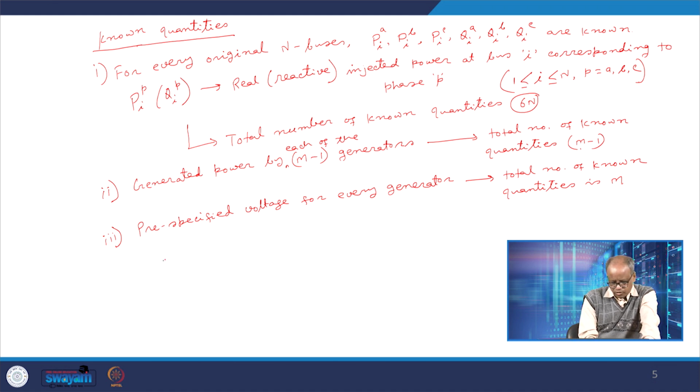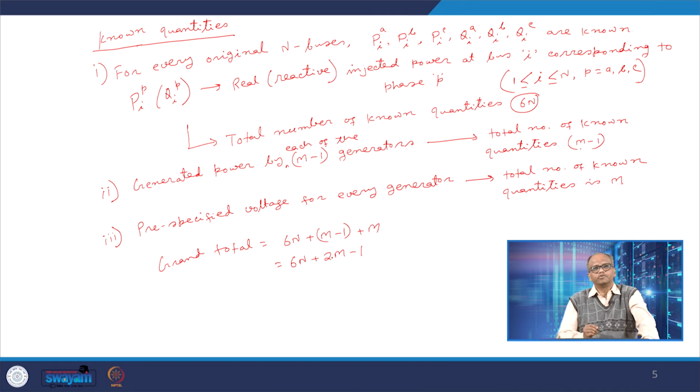So the grand total is 6n plus m minus 1 plus m, that is 6n plus 2m minus 1, which is equal to the number of unknown quantities.